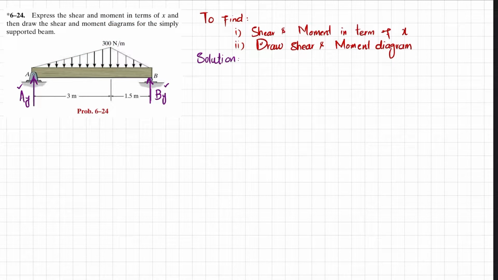And here you can see the same kind of load. If you convert it into a point load, it will be 300 multiplied by 1.5 into 1 by 2, and this will be acting at a distance of 1.5 divided by 3. Clear?